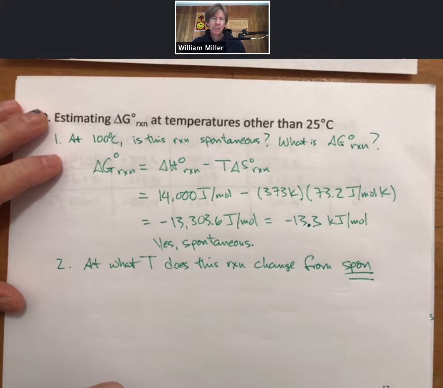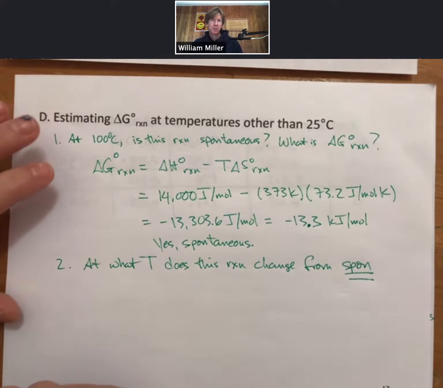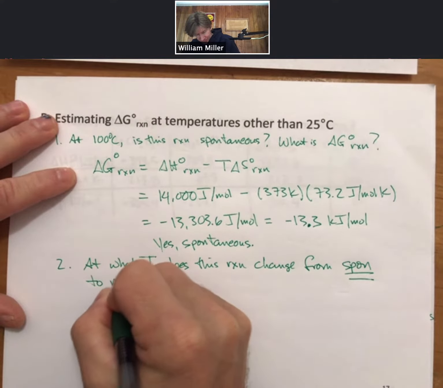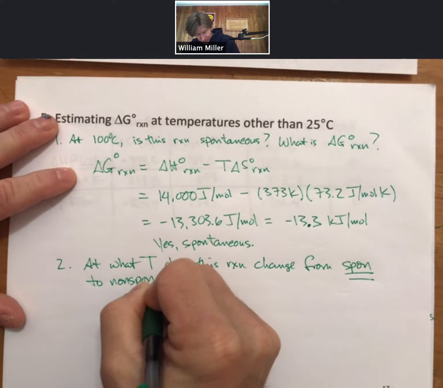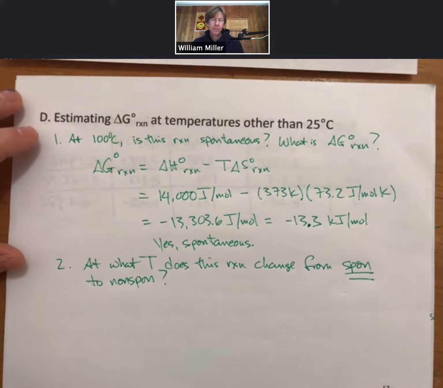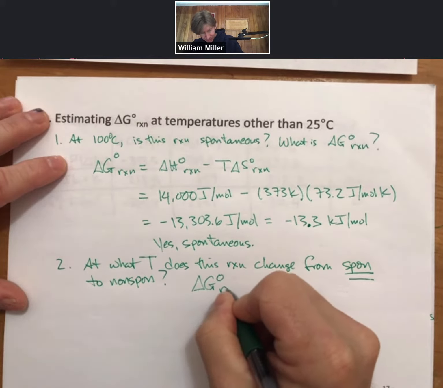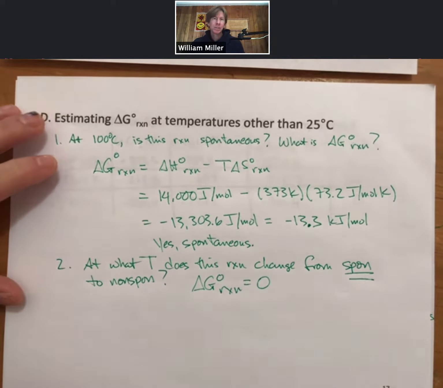So at what T does this reaction change from spontaneous, spon, to non-spon? And it changes from spontaneous to non-spontaneous when delta G equals 0.